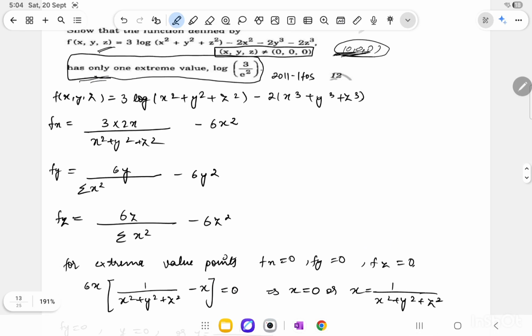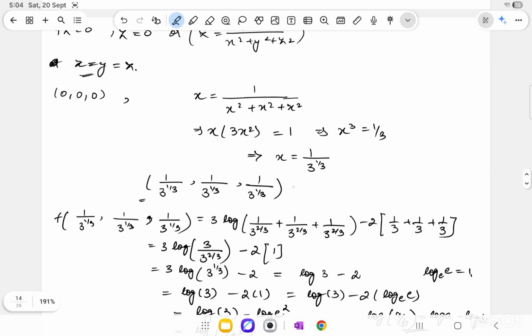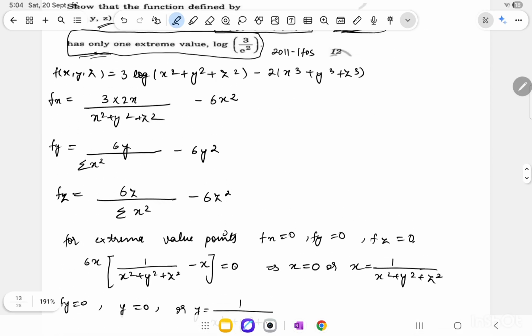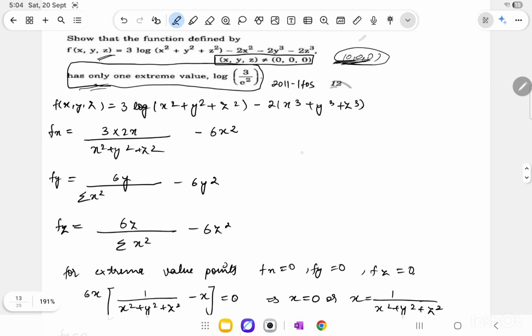Now, we haven't checked whether this point is an extrema point or not. We just calculated the function value at this point, and we should check it by calculating this D, that is f_xx into f_yy minus f_xy square.